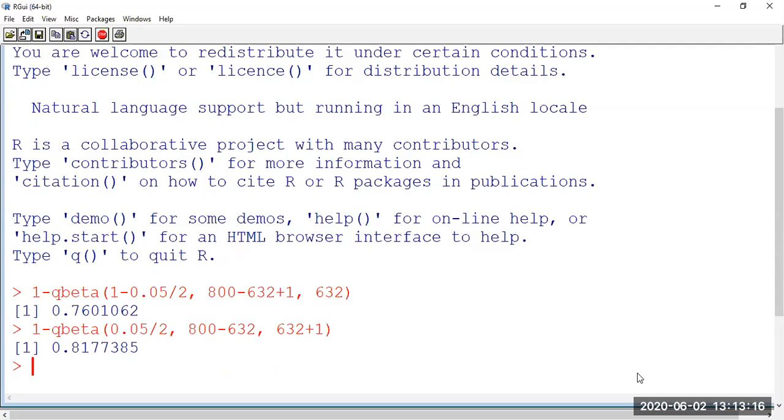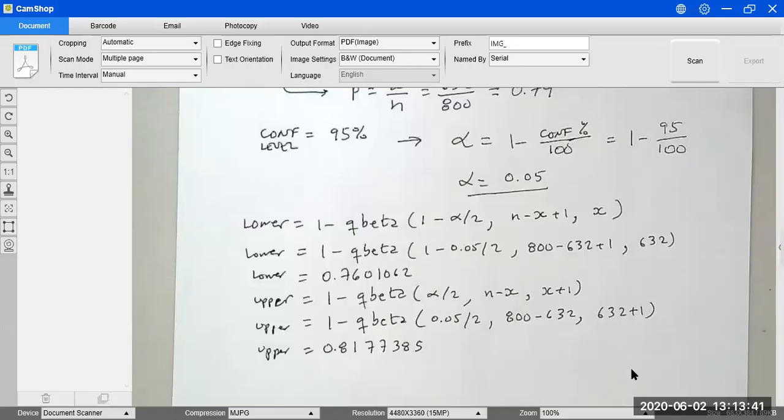So now we're going to write this information in our notes. So I have the lower limit 0.760162, and 0.817385 is the upper limit. So now we're going to be able to write the confidence interval for the proportion of this population.